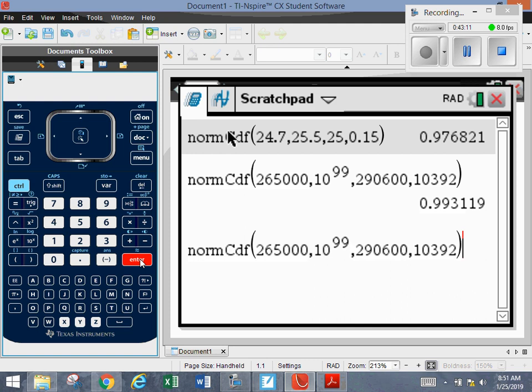I'm even going to skip the middleman and just go in there. Lower bound was negative 10 to the 99th power. Upper bound was 200. Mean was 190, I believe.